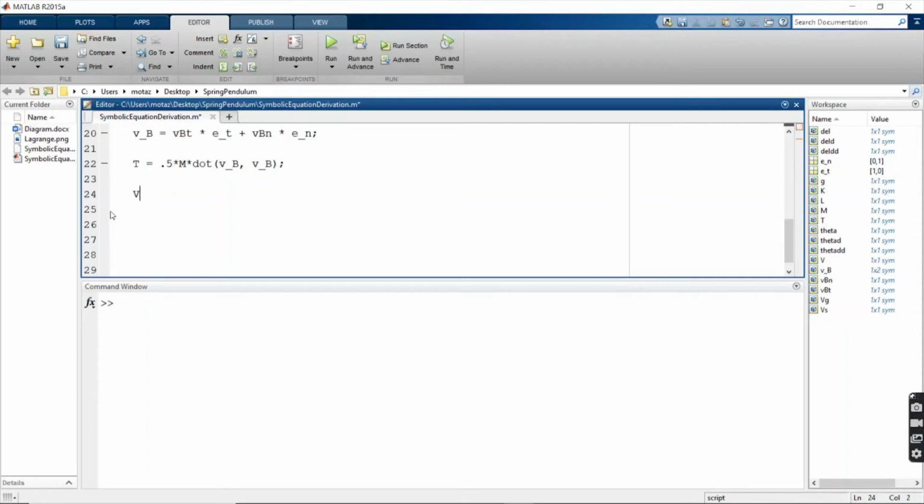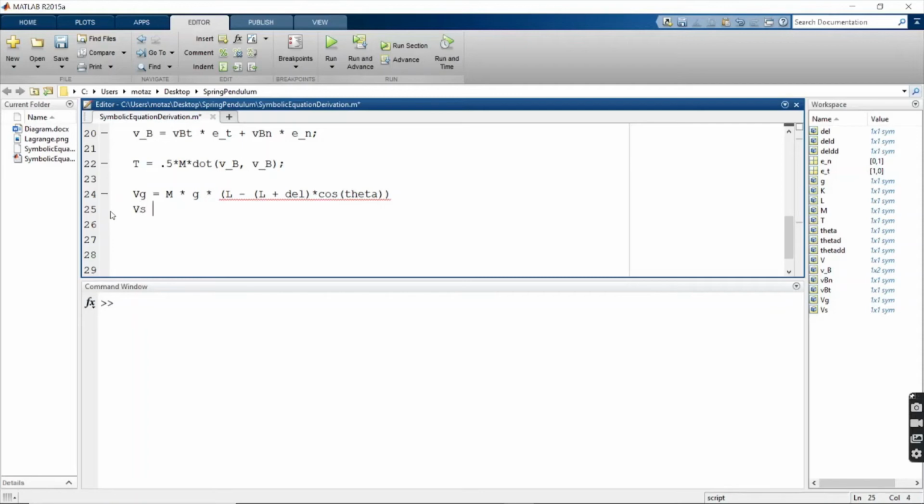Okay, now we'll show the potential energy equations, which is made up of two parts: the potential energy gravitational and potential energy from the spring. Potential energy gravitational is mass times gravity times the difference between L and L plus del times the cosine of theta, for reasons that we just showed.